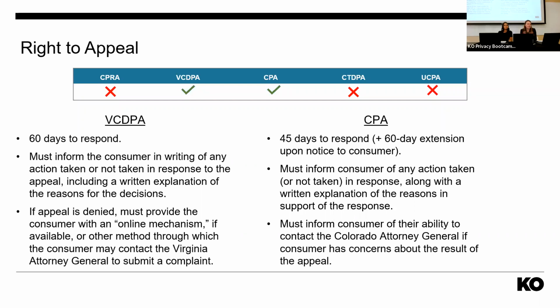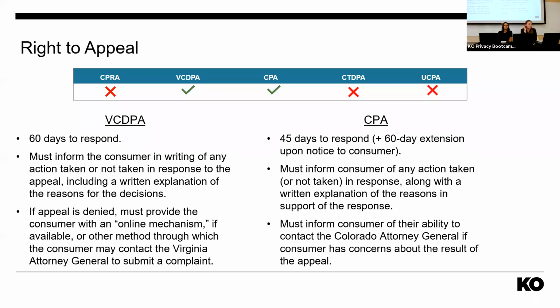So just a quick breakdown of the two different rights of appeal. Virginia requires a response to the appeal within 60 days, and in Colorado, it's 45 days, plus there's an additional 60-day extension period. And in general, in order to make an appeal, there's not a specific timeline that the consumer has. So, there's no rule that they have to appeal within 30 days of you submitting their request.